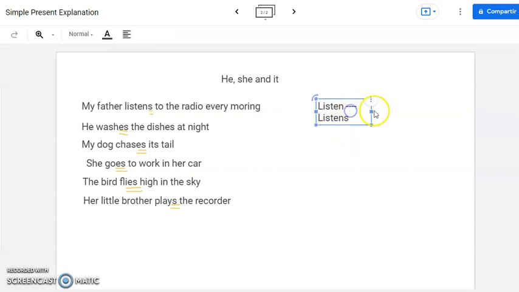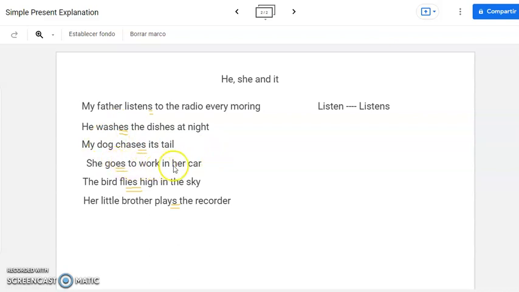And we're going to do exactly the same with the rest of the personal pronouns, she and it. He washes the dishes at night. We add es because the verb ends in sh. My dog chases its tail.